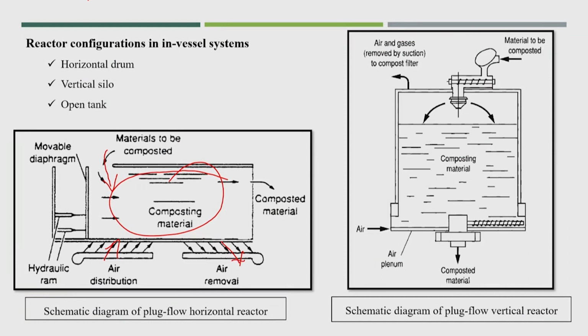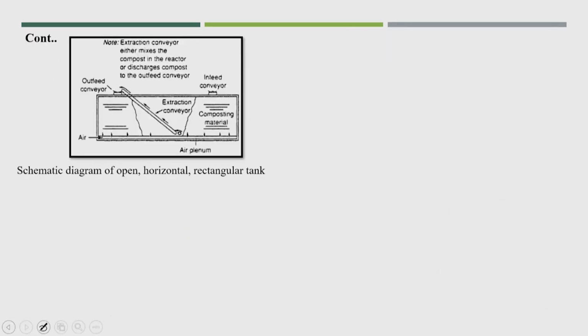Here the material enters the vessel. This is the composting area, and air is provided for the aerobic degradation process, and here you get the final product, that is compost. Likewise, this is another one, the open horizontal rectangular tank.